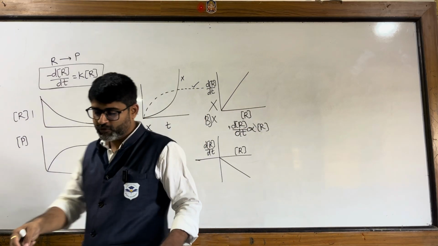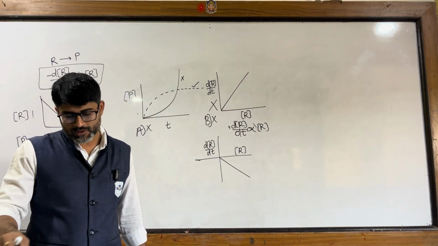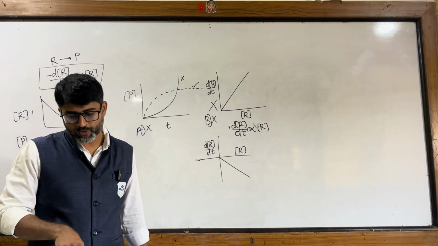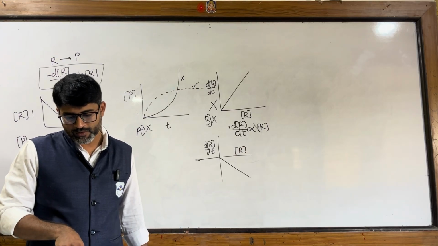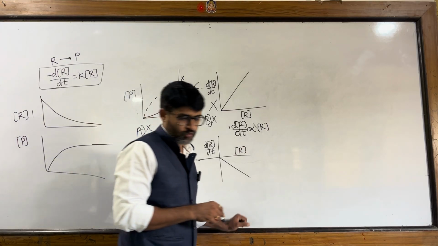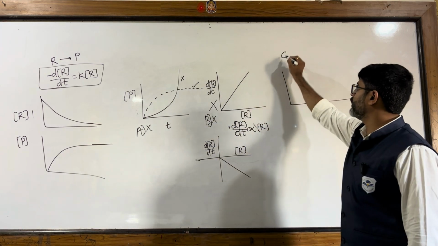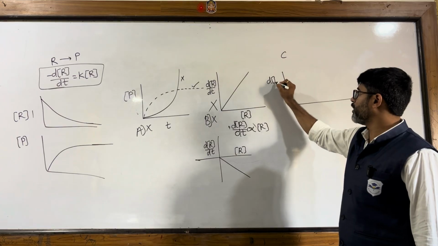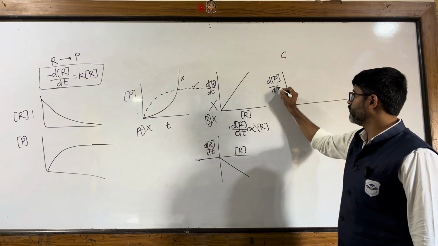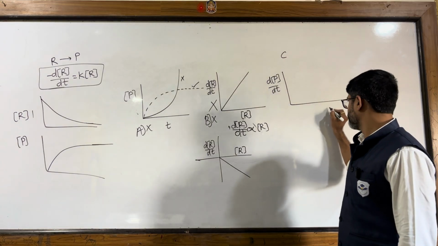And in option C, we have d[P]/dt with time. So the third graph, in C, we have d[P]/dt versus time.